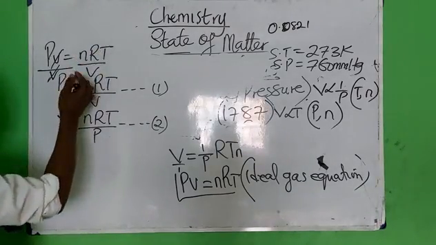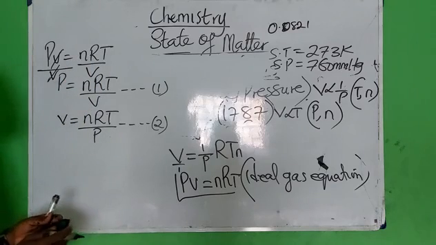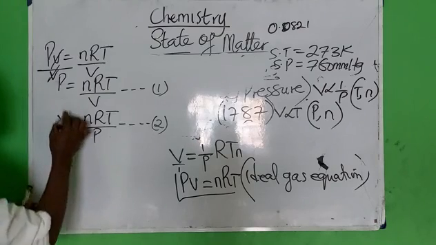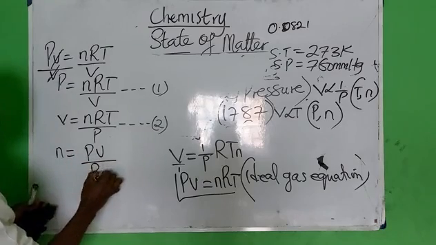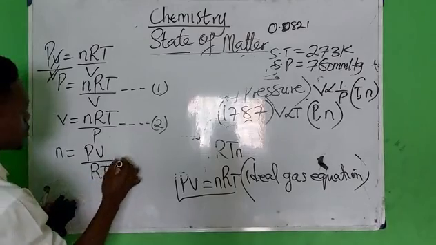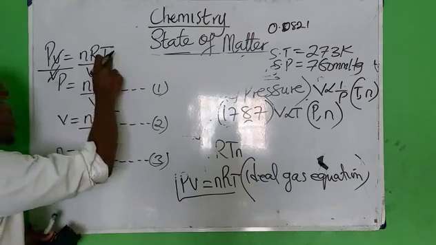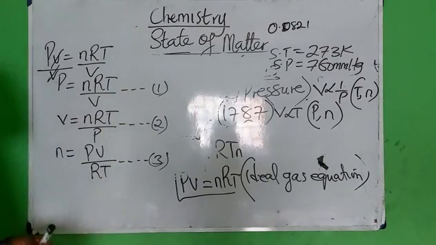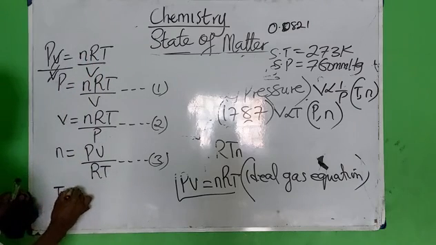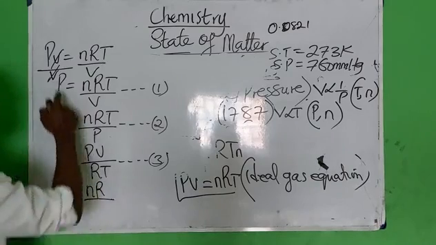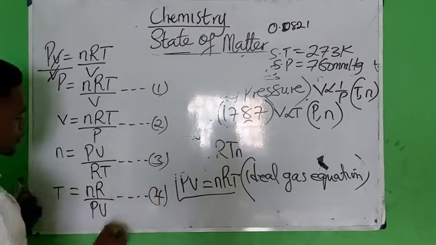If I want to make the number of moles the subject of the formula, I'll divide both sides by RT, so n equals PV over RT, and this becomes equation 3. If I want to make T the subject, I'll divide both sides by nR, which means T equals PV over nR, equation 4.